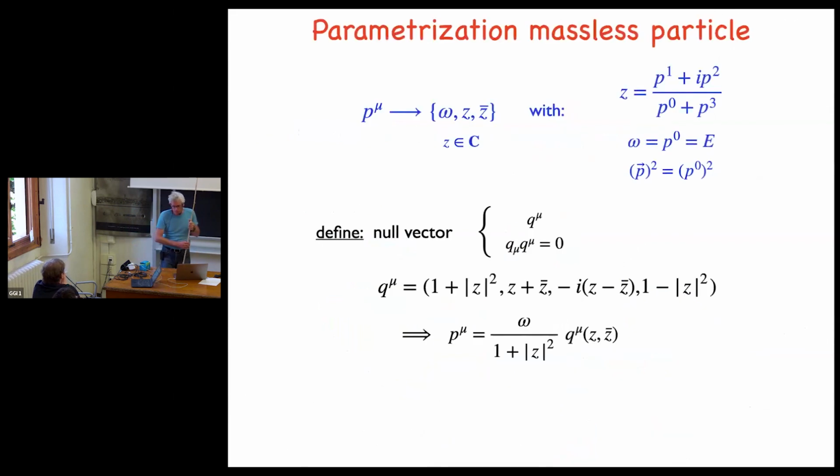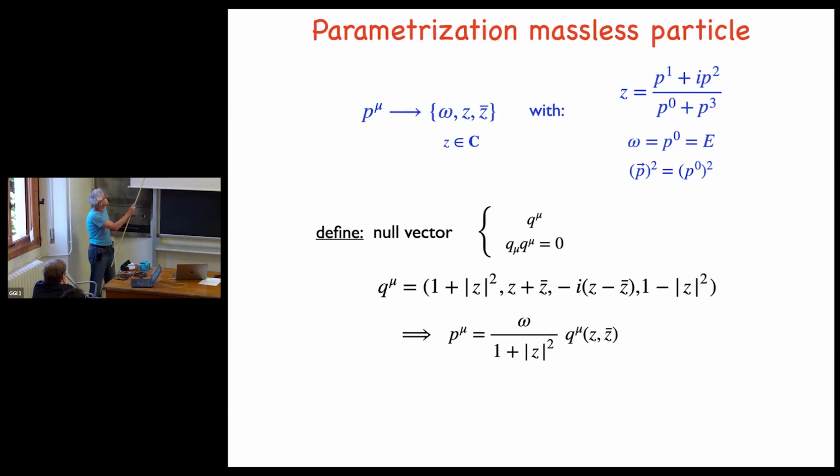Now, in mathematical terms, it means that for any massless particle, which is of course specified by an on-shell four-momentum, you can compute the point where it hits the celestial sphere. So this is a simple computation, and it's given by this formula. And now actually this is related to what Matthias asked.